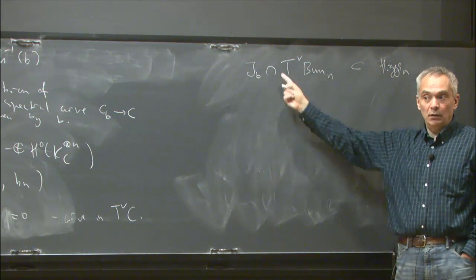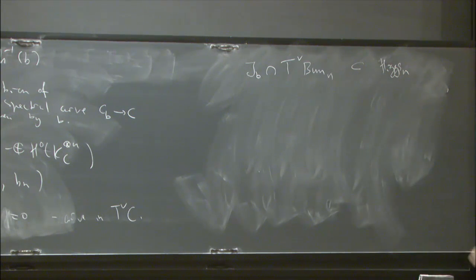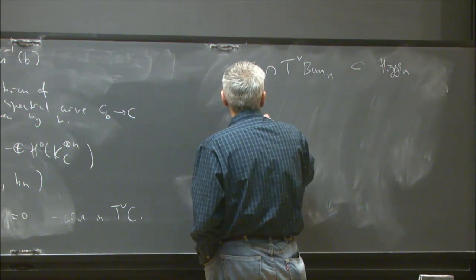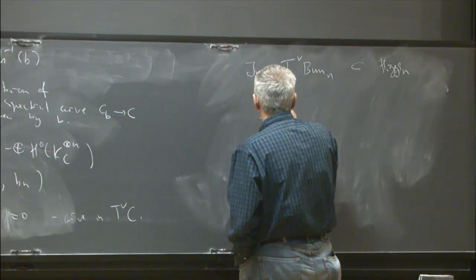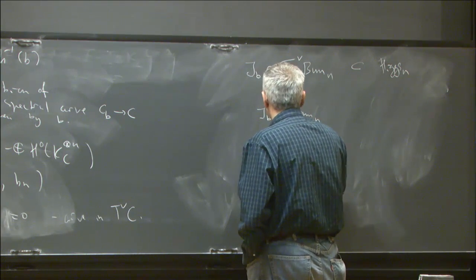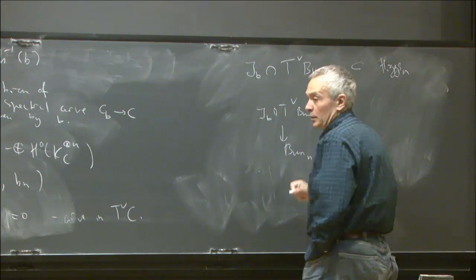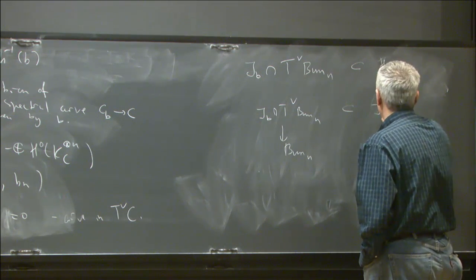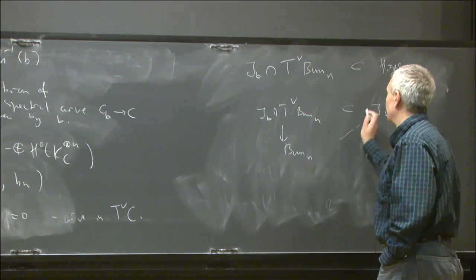So all those guys are inside. It's an open dense subset. So if you intersect it, then you get a morphism from this intersection, the projection to Bun_n. So this is an open inside J_B. So this is this rational map.